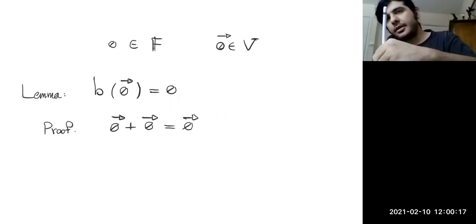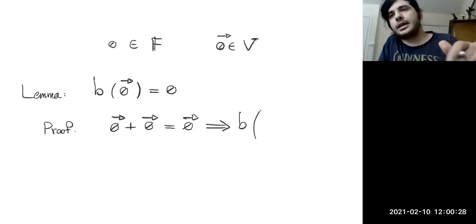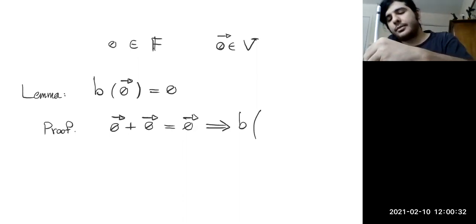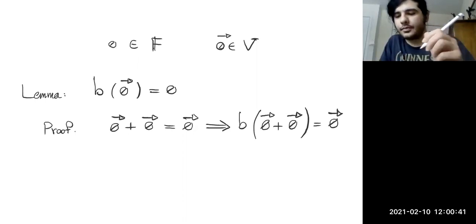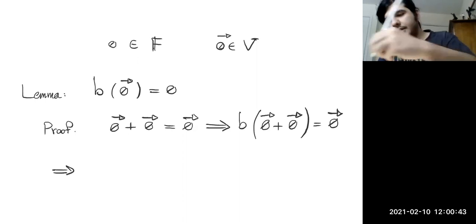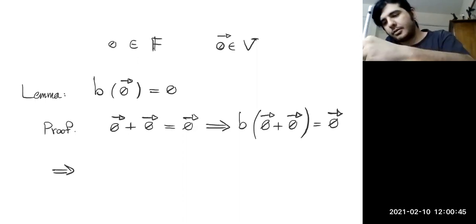Now multiply both sides by this element in the field B. What we would get is that B times (0 plus 0) is equal to B times 0.